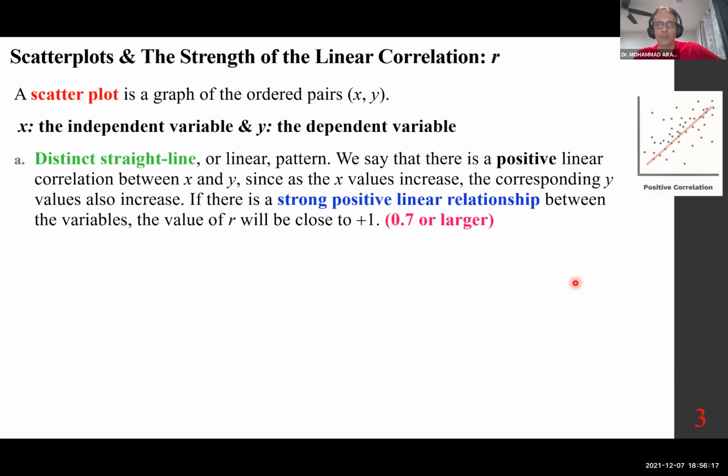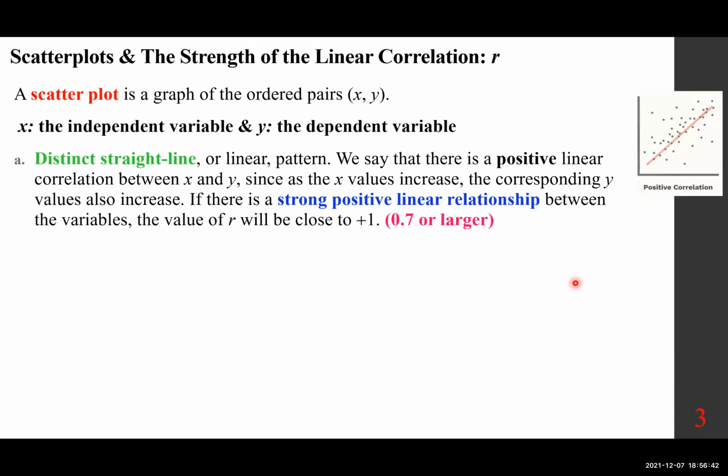Could somebody read this, please? Scatterplots and the strength of the linear correlation are. A scatterplot is a graph of the ordered pairs x and y. X, the independent variable, and y, the dependent variable. A distinct straight line or linear pattern.